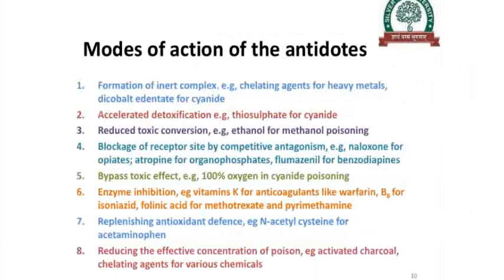Antioxidants are very important for the body, and because of the poisoning, the level of antioxidants in the body goes down. That is why we replenish the antioxidant defense mechanism by drugs like acetylcysteine. Take acetaminophen, which is paracetamol: in case of paracetamol poisoning, if the antioxidant level is low, it cannot be neutralized.